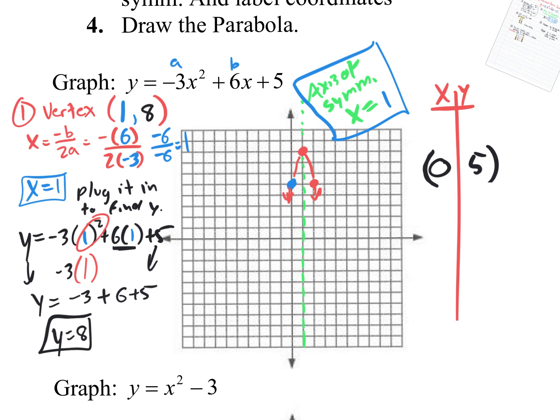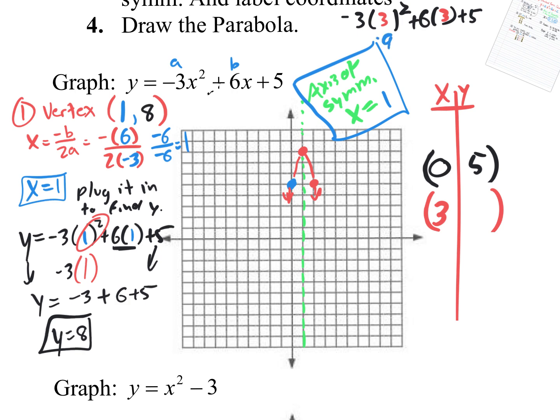Let's go with 3. So if I plugged in 3, what will I get? Maybe I should show my work. So I just rewrote -3x squared plus 6x plus 5 up here, but instead of x's, I put parentheses and I'm going to plug in that input of 3. So when I do this, 3 squared, that's 9.